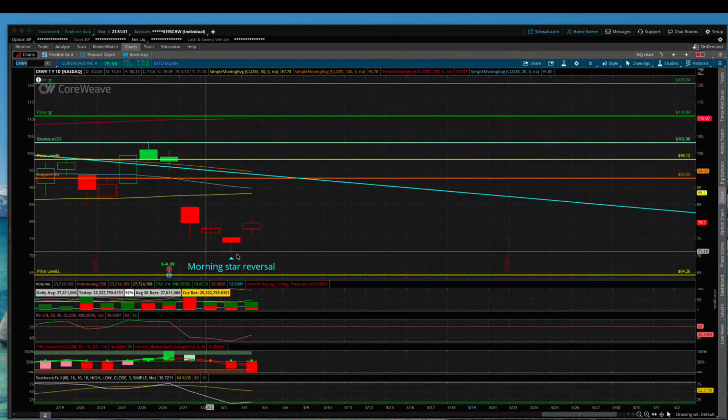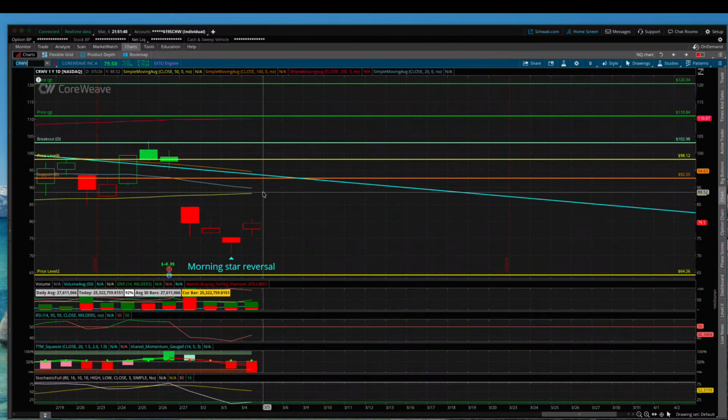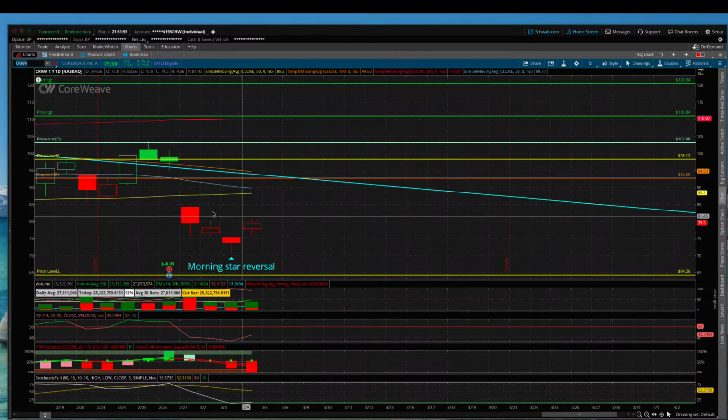This is a self-confirming reversal. So it's reversed. It doesn't need to do anything else to show you that it reversed. We should be going up. We should hit 88 by Friday. That's my target. If not, we'll at least hit 85. I believe we'll hit 85 at least. Unless we gap up tomorrow and sell off, this pattern will not be taken away.